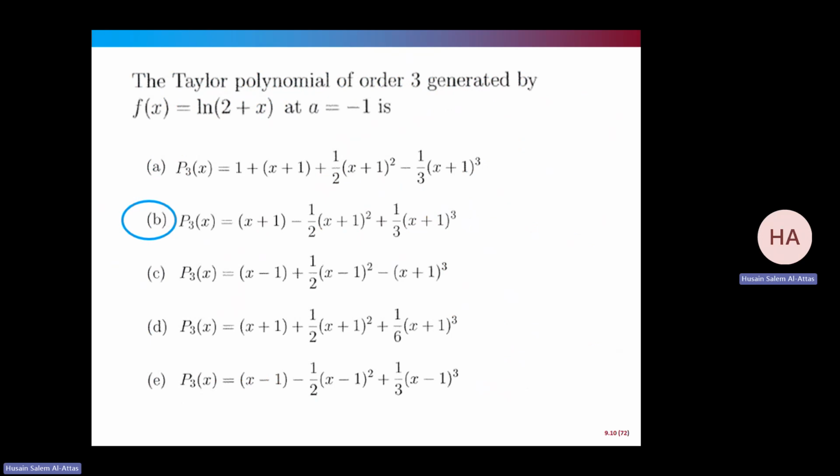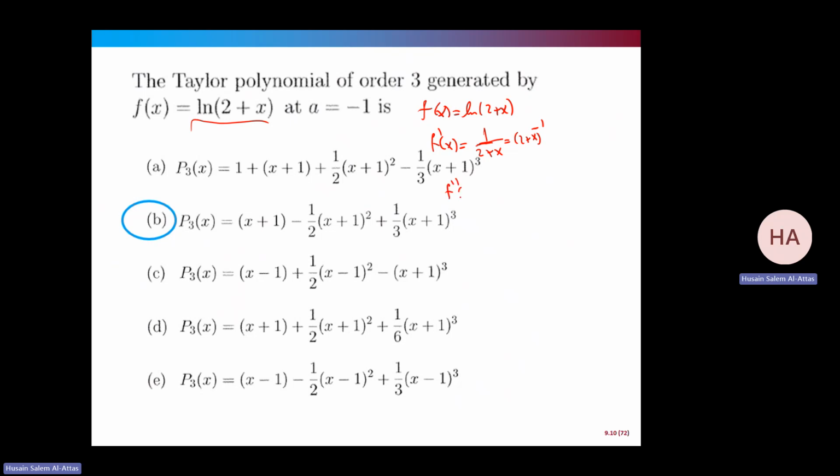The Taylor polynomial of order 3 for this function. This is my function, order 3, I need up to x cubed. So f prime will be 1 over 2 plus x, which is 2 plus x to the power minus 1. See it easily.